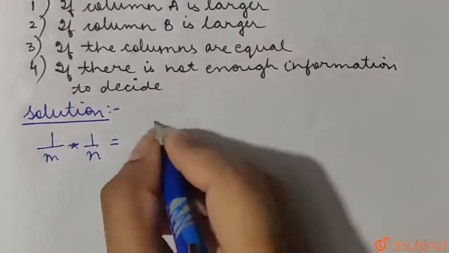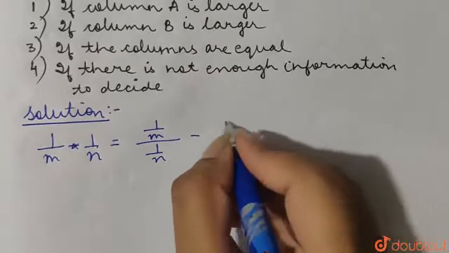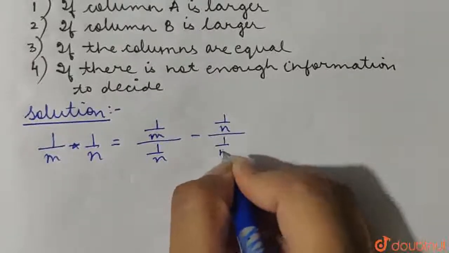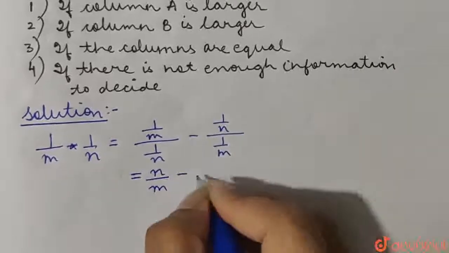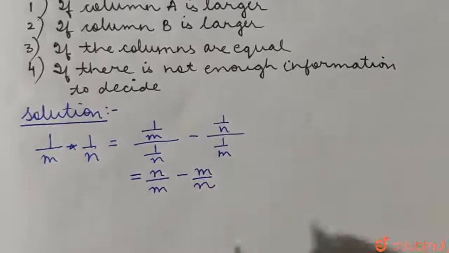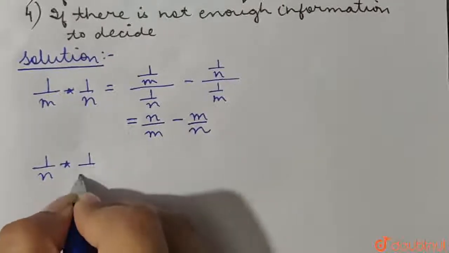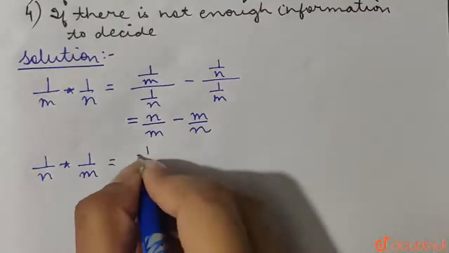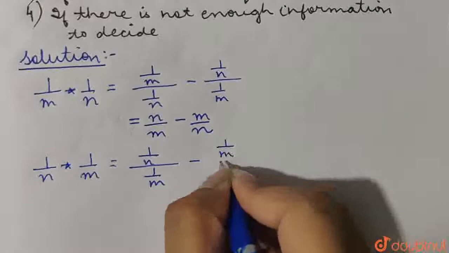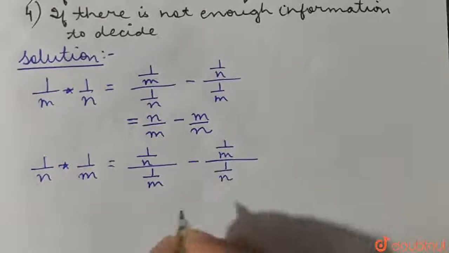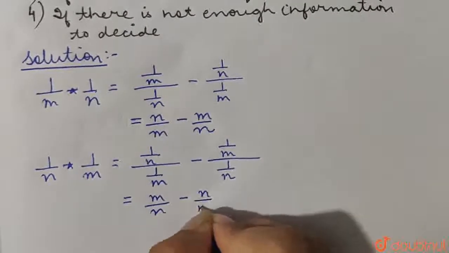That means we need to divide these two quantities, minus the reciprocal of this number, that is 1 by N divided by 1 by M. So on simplification we have N by M minus M by N, and in a similar way we can define 1 by N star 1 by M, which is equal to 1 by N divided by 1 by M minus the reciprocal, that is 1 by M divided by 1 by N. So on simplification we have M by N minus N by M.